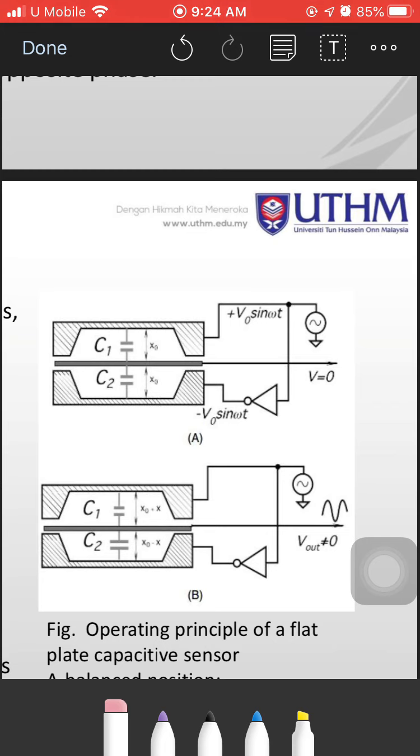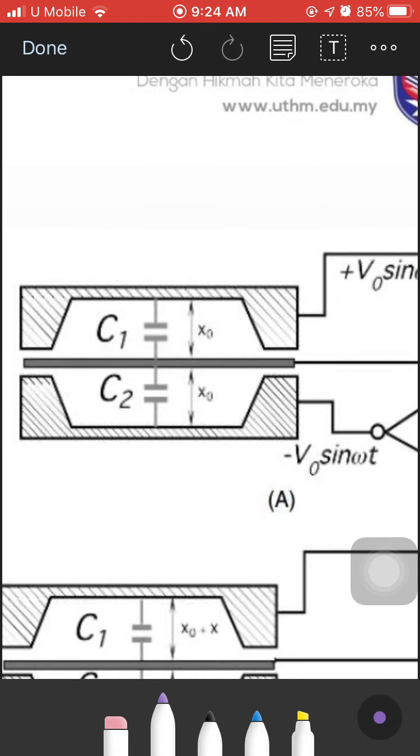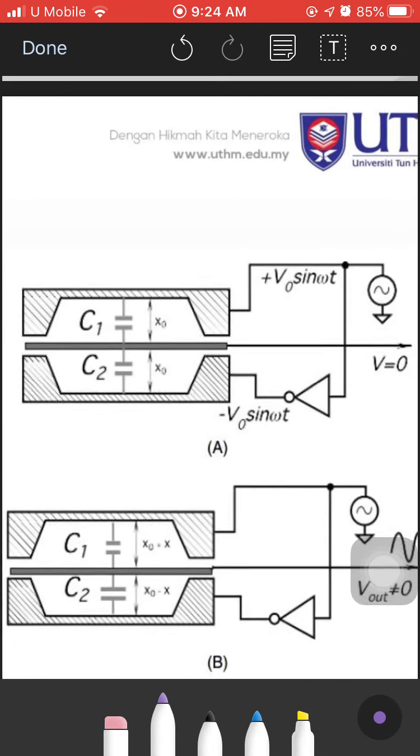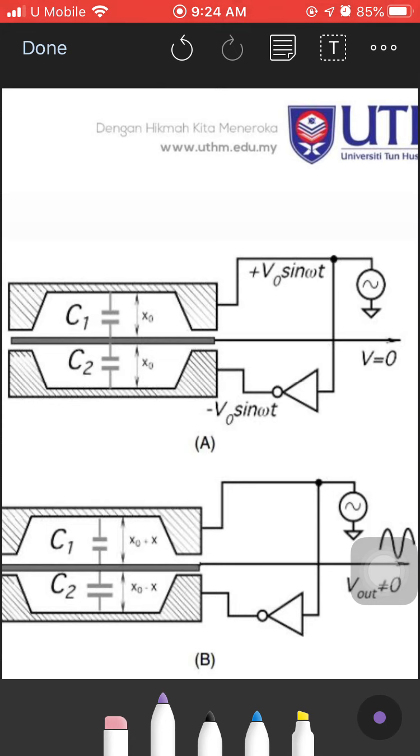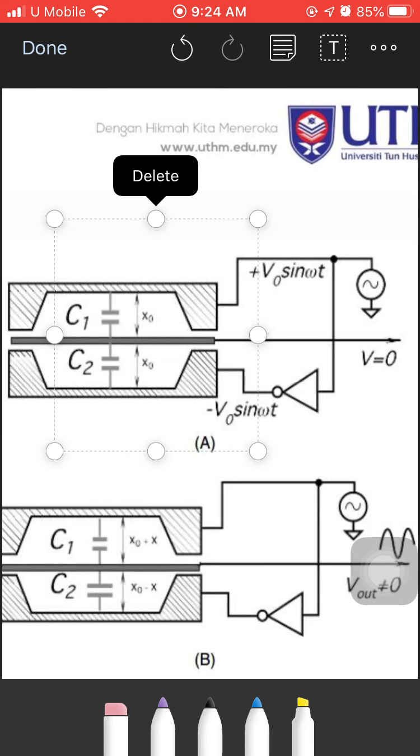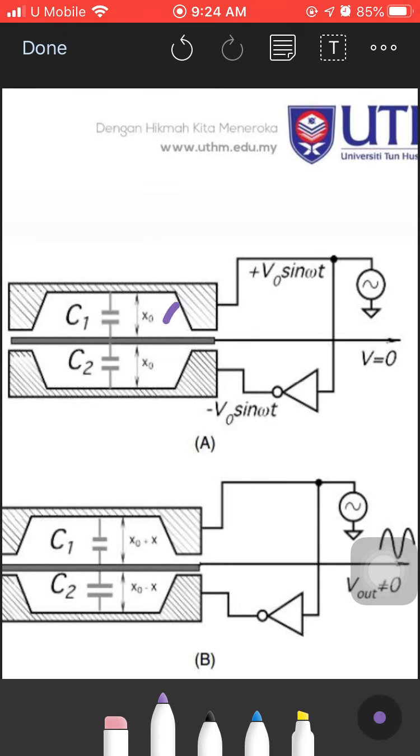The distance between the two plates is nearly equal, denoted as x naught. So the distance between these two plates is equal, x naught.